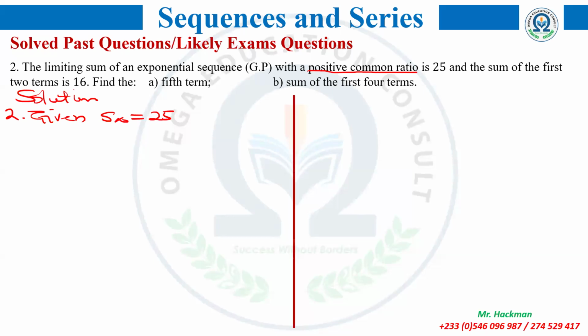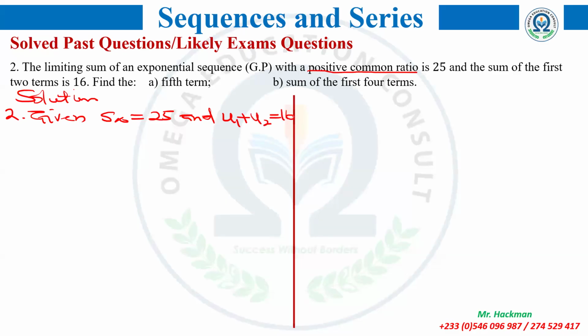And the second information that you have there, we said the sum of the first two terms. So the first two terms will be U sub 1 and U sub 2. Am I right? So it goes to imply that the sum will be U sub 1 plus U sub 2, and we are told that is 16.